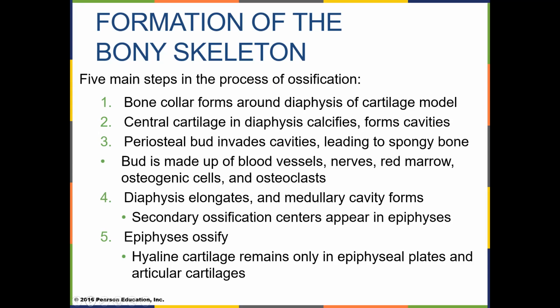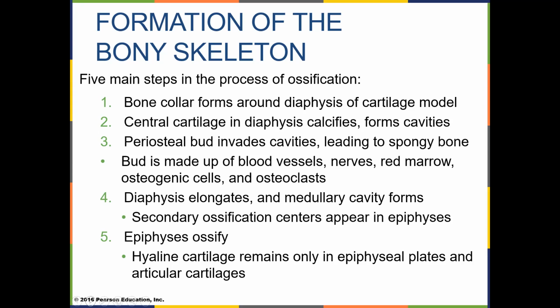More interestingly, we form secondary ossification centers at each end of the long bone. We have the primary center starting in the diaphysis in the middle of the shaft. At the epiphyses, we form secondary ossification centers, and those are going to last for 20-some years.